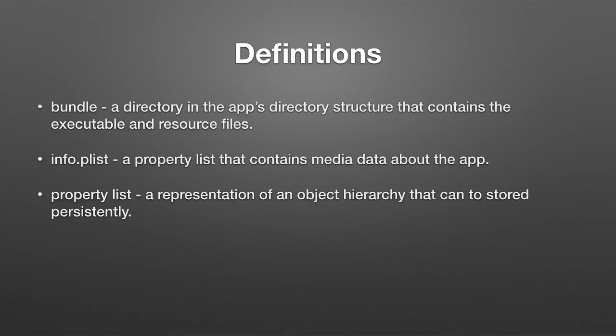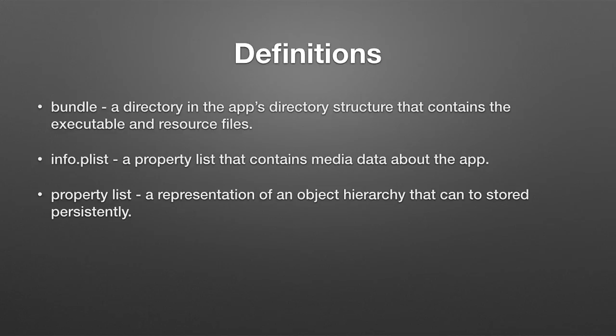Well, a property list is a representation of an object hierarchy that can be stored persistently. Really what it comes down to, it's a dictionary. They're key value pairs, and it's hierarchical. There could be dictionaries within dictionaries.